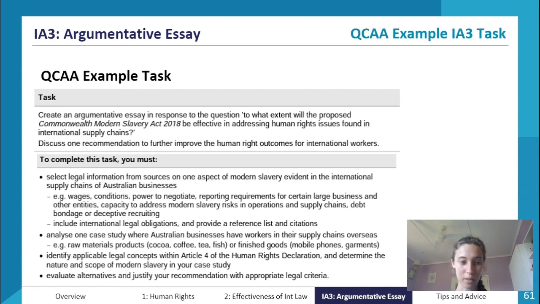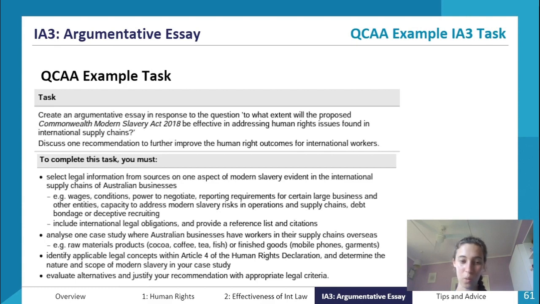So all of those things, with what to include: selecting the legal information from sources on one aspect of modern slavery, so wages, conditions, etc. So you're narrowing it down because, of course, the Modern Slavery Act is going to be very broad with different slavery issues.